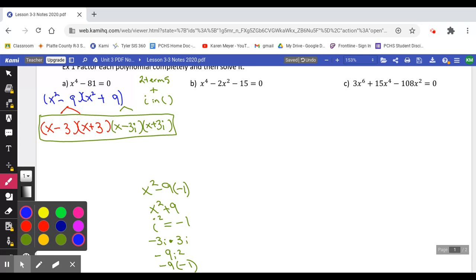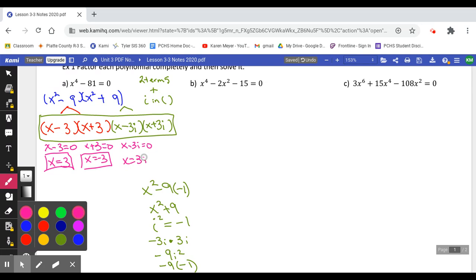And hopefully from the last unit, you guys remember solving. You just take each parentheses and set it equal to 0. So x minus 3 equals 0. Add the 3 over, so my first answer is 3. And then x plus 3 equals 0. Move that over, and I get negative 3 as my second answer. x minus 3i equals 0.